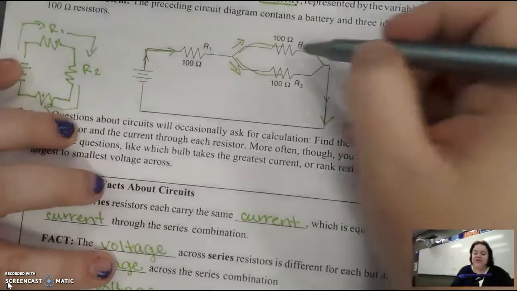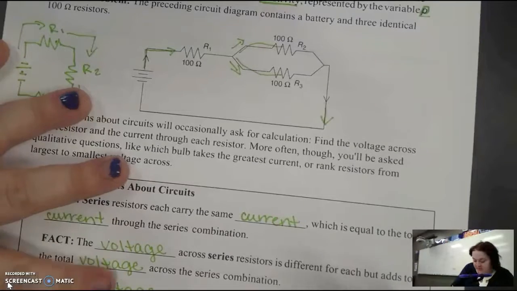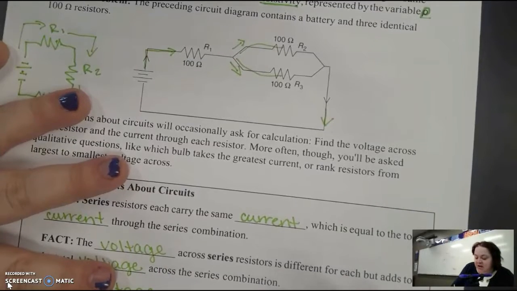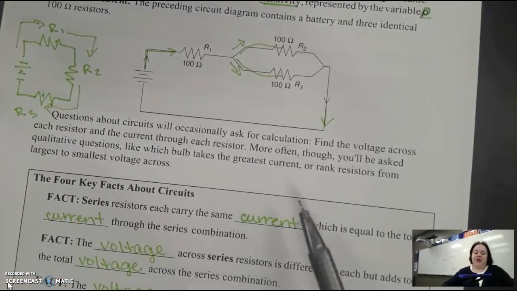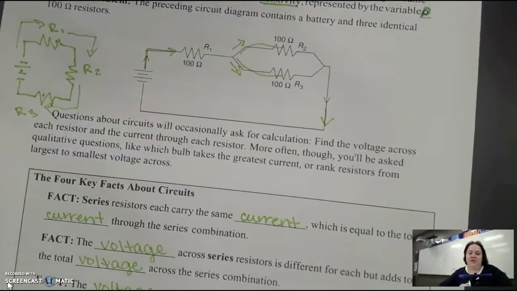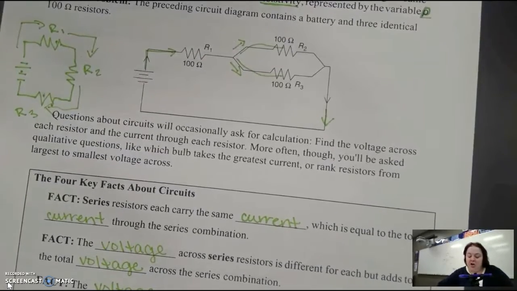The current through each path is different, and it adds up to the total. So you'll notice these are backwards. For series, the current is the same everywhere, voltage adds up. For parallel, voltage is the same everywhere, current adds up.